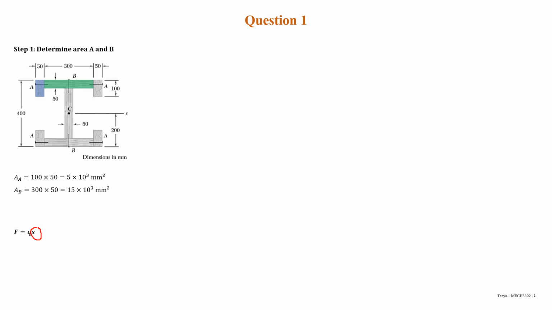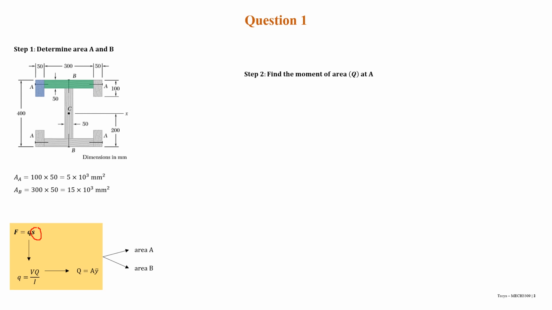Small q is V multiplied by capital Q over I, or inertia. And we can also break Q down to Q equal to A multiplied by Y. This formula should be applied to area A and area B to find the force at area A and area B.